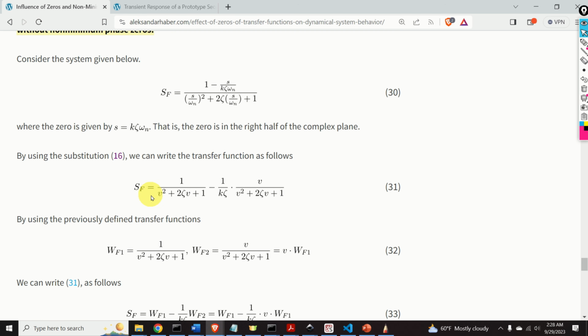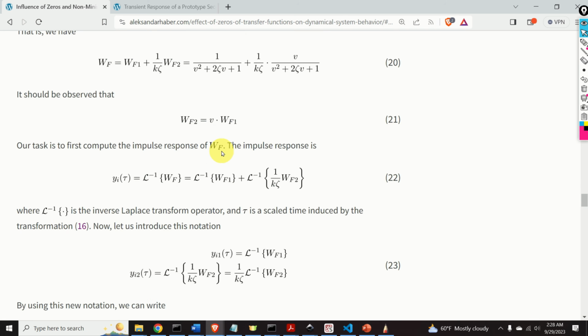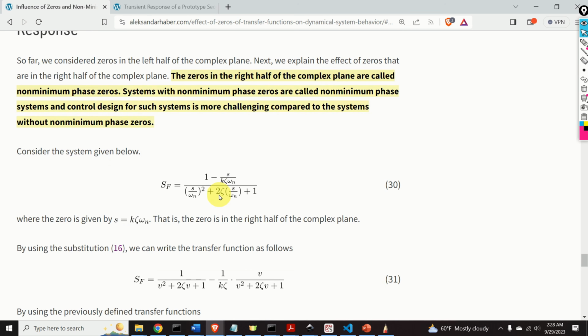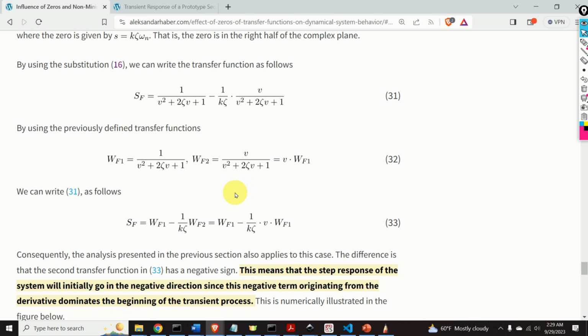By using our substitution, that is, by using equation 16, here's equation 16, and by substituting this equation in equation 30, we obtain this expression. Now, we can use the previously defined transfer functions WF1 and WF2, and we can simply substitute them over here. And as the result, we obtain this equation.